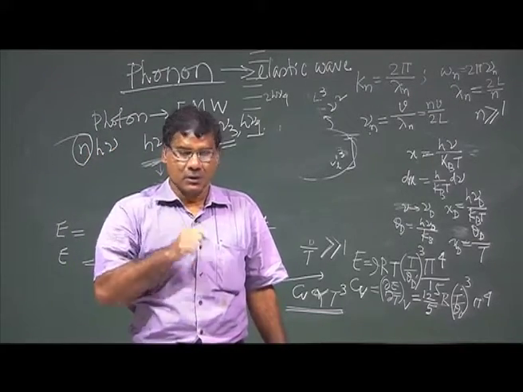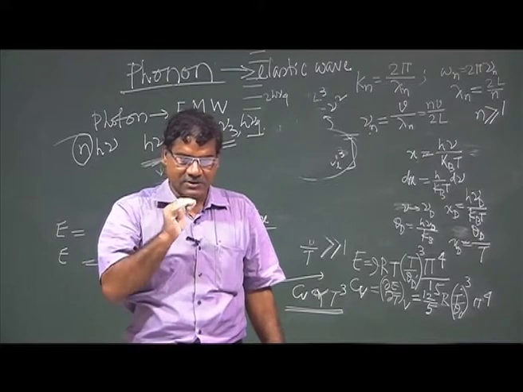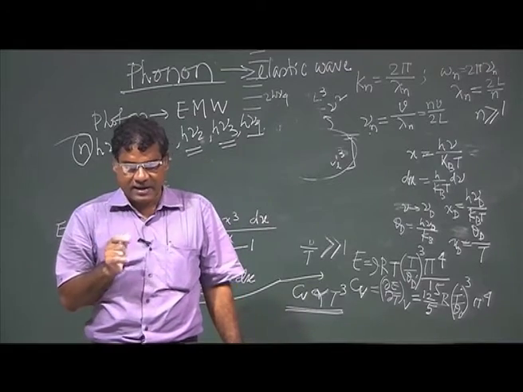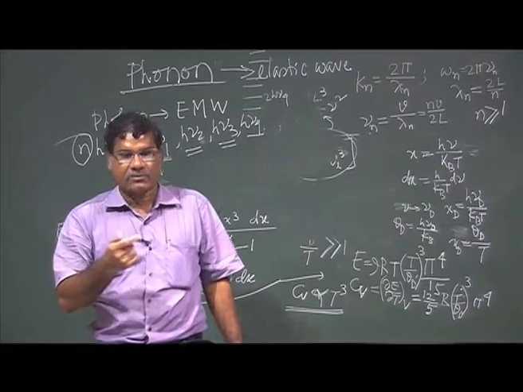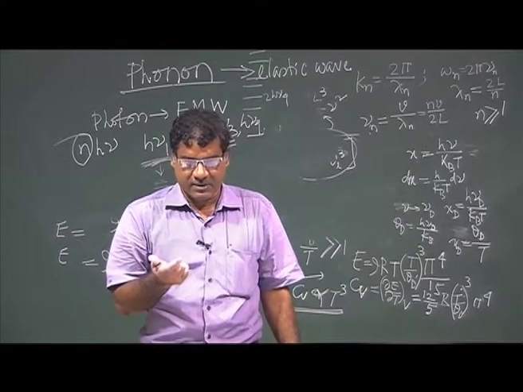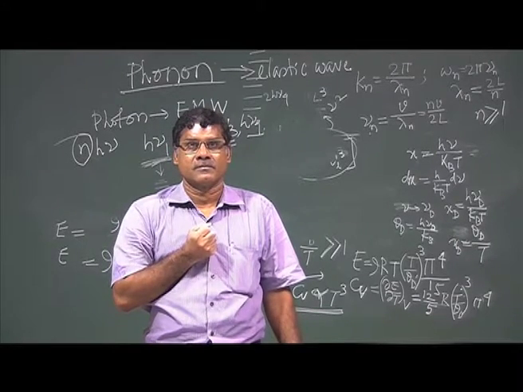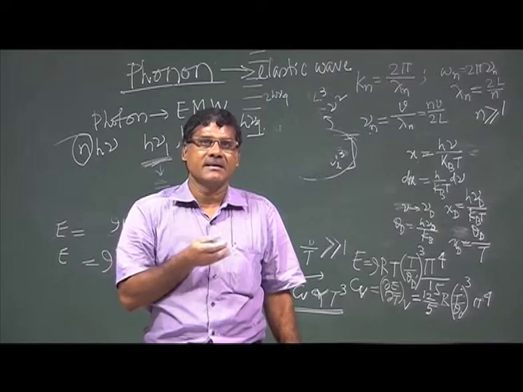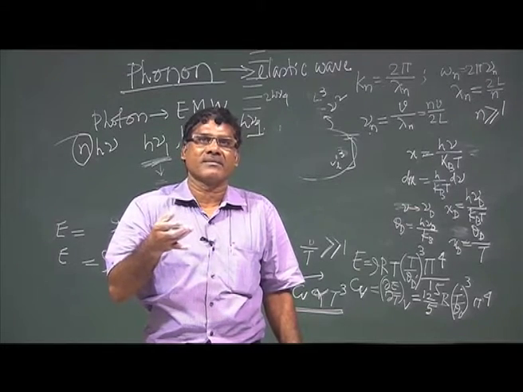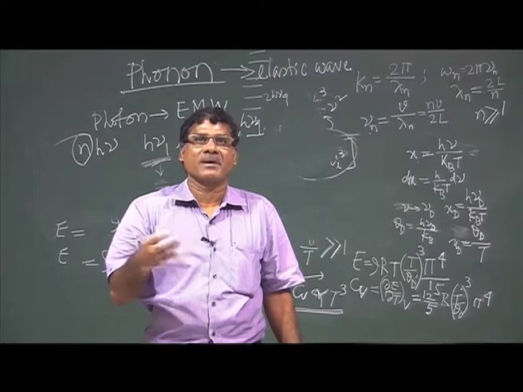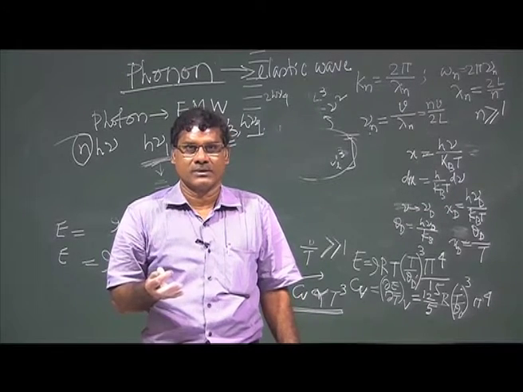Okay. So, at the ground state each mode of lattice vibration, equivalent to an elastic wave, is a phonon. It has 3n types of phonon.